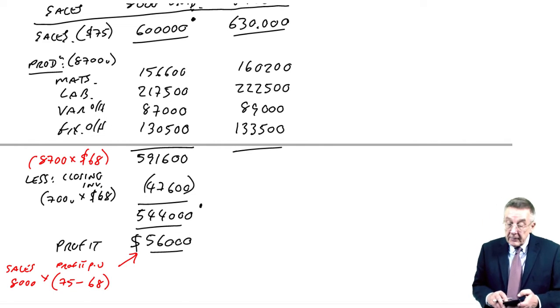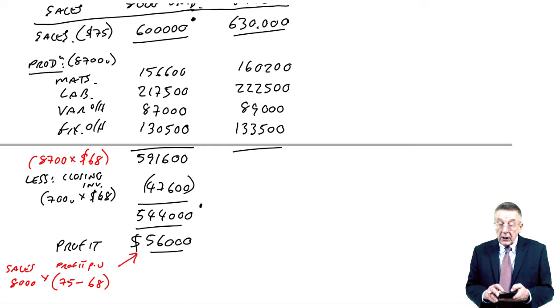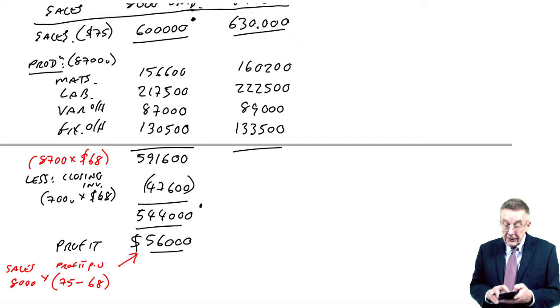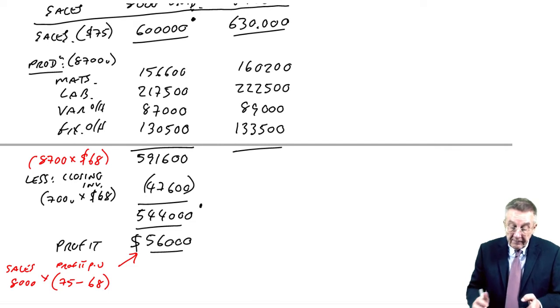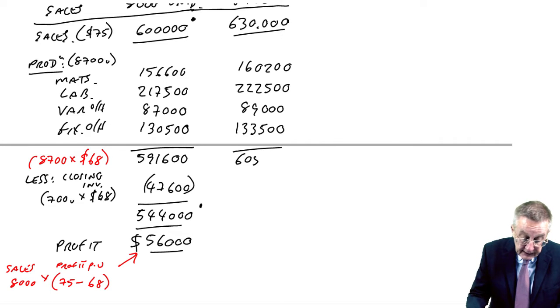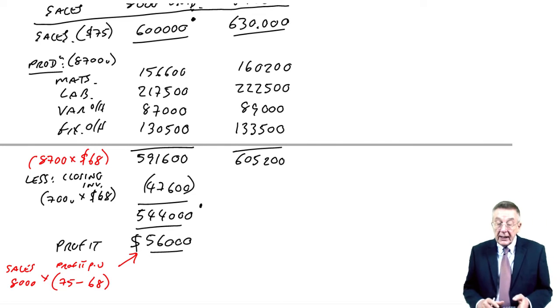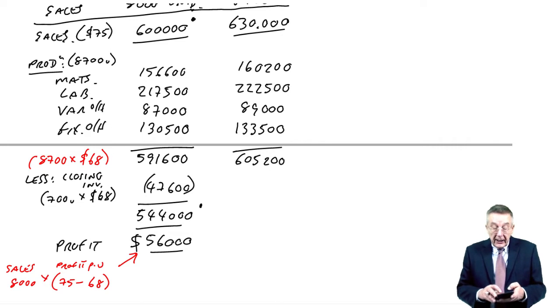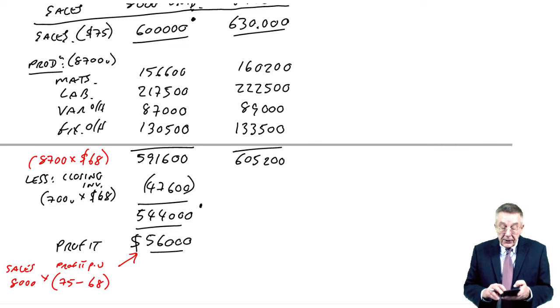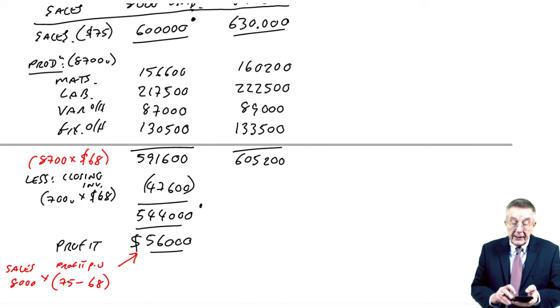However, if we carry on for the moment, that gives total cost of production: 160,200 plus 222,500 plus 89,000 plus 133,500. I think 605,200, but again I can check that quickly because it's 8,900 produced. Each unit should cost 68 in total.